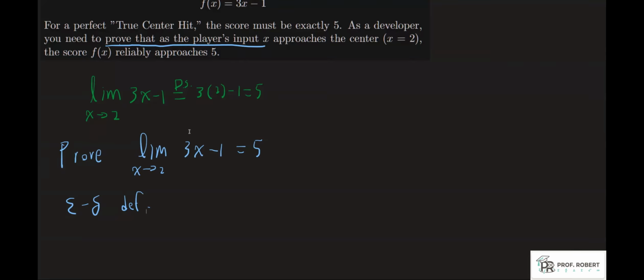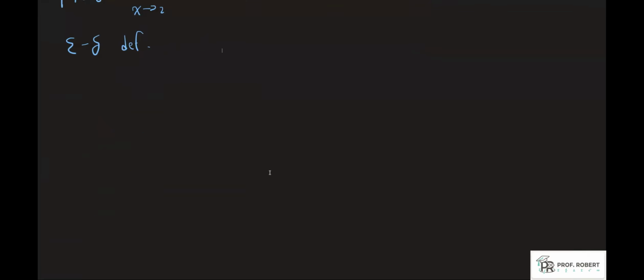So to do that, I want to introduce a 4-step process to help us prove a limit using the technical definition. Right. So the 4 steps go like this. You have 4 parts: given, choose, suppose, and check.